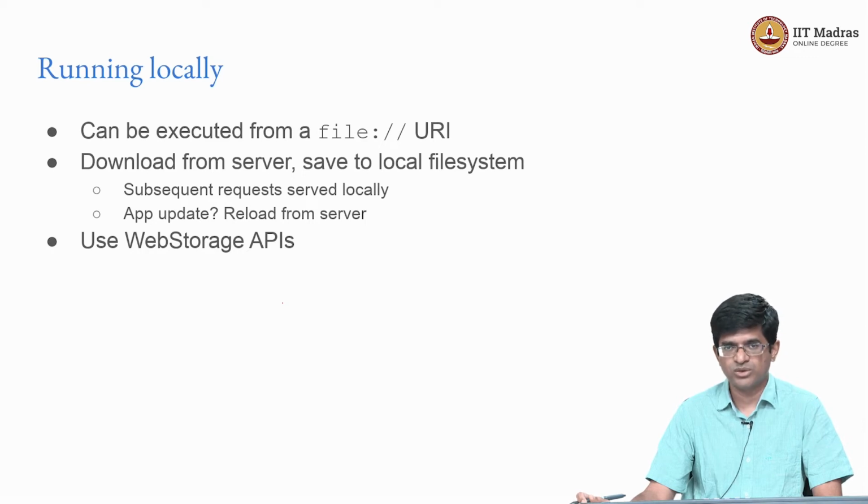So the person who is maintaining the app also just needs to update whatever they are serving, right? And that's it, that's like an app update. You don't need to download a lot of information for that, okay? Now when you run locally, of course there are questions such as where do you store information and so on, but there are APIs, right? The web storage API that we have already seen can be used in order to store user information at the browser itself.